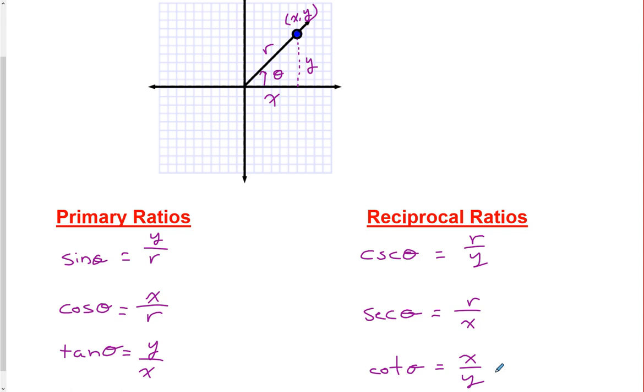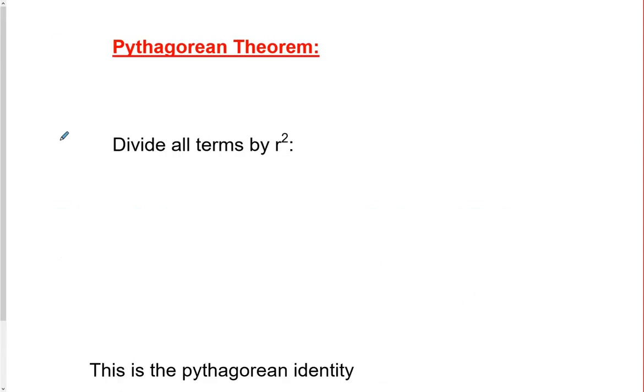So the very first thing I want to show you is this thing called the Pythagorean identity. Now you might have guessed from a name like the Pythagorean identity, we're going to use the Pythagorean theorem. And the Pythagorean theorem, when we're talking about our setup here with our triangle, is the side called x squared plus the side called y squared is going to equal the side called r squared, our hypotenuse. So that's just our Pythagorean theorem.